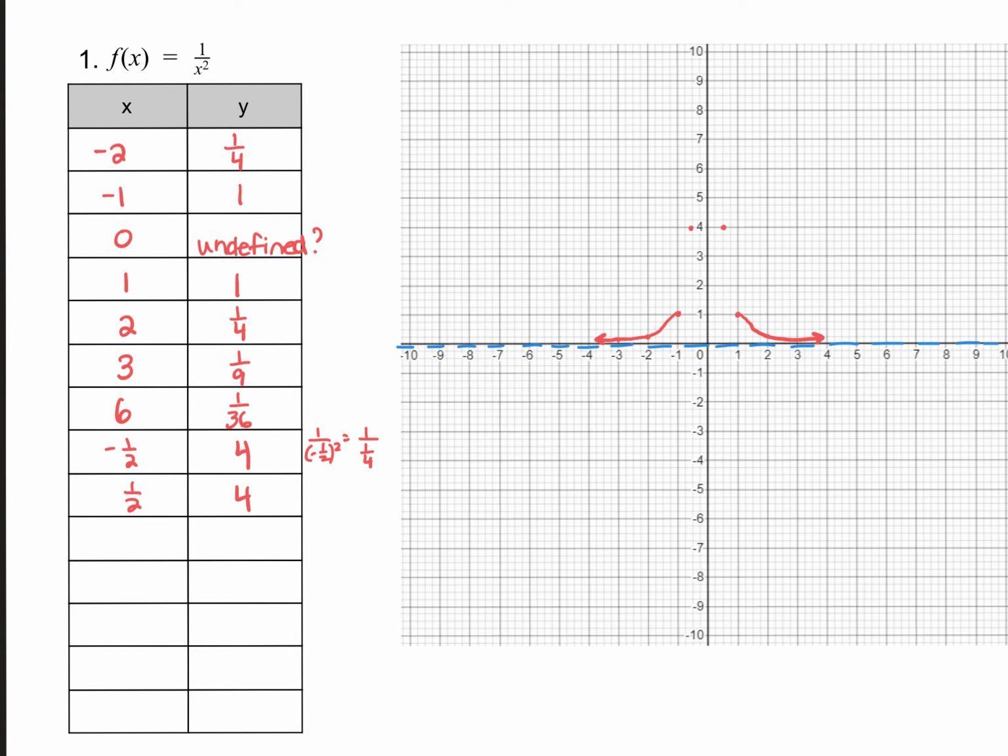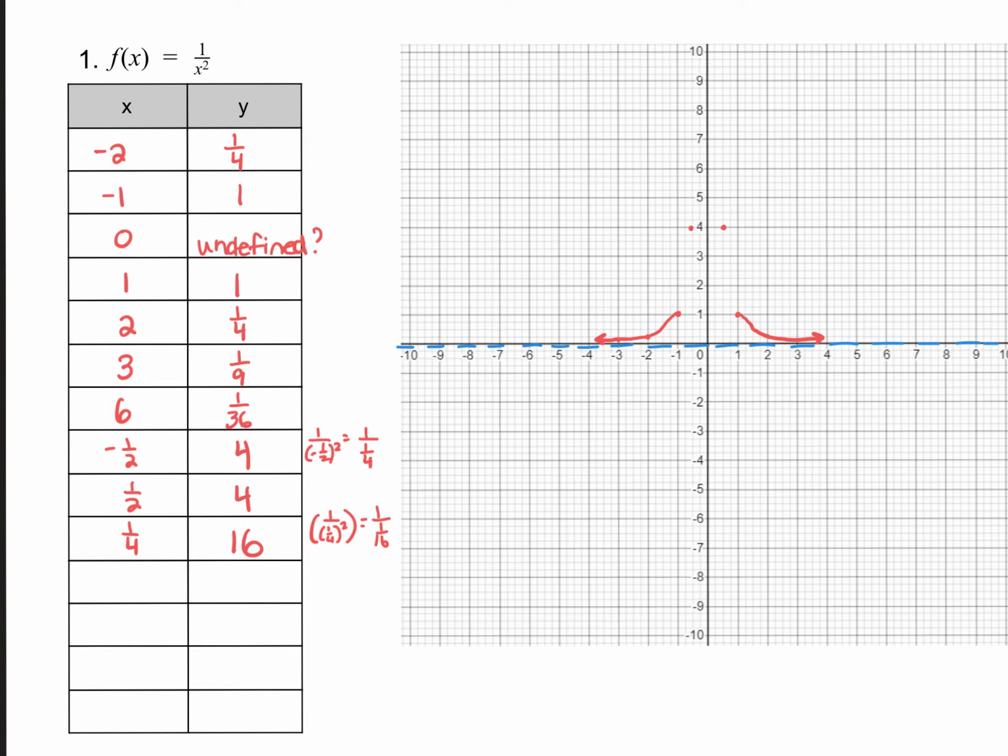Now what happens if I plug in 1/4? That would be 1 over (1/4) squared, which is 1 over 1/16, which ends up just being 16. Now I can't even graph that, but what I'm starting to notice is that the closer I get to 0, the higher my output is.